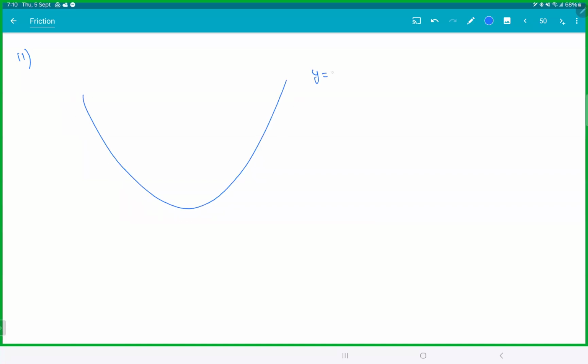Let's say y is equal to x cubed by 3. Coefficient of friction mu is equal to, let's say, half. So our insect is trying to climb this. This is 0, comma 0. So the question is, what is the maximum height the insect can climb?